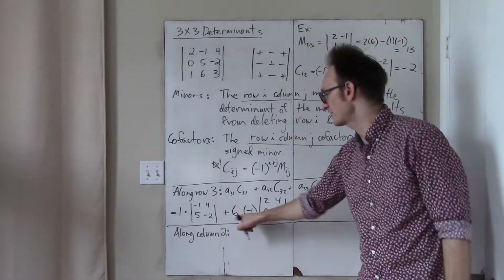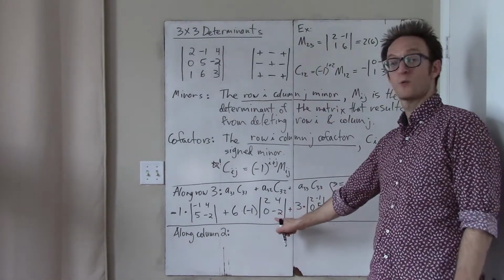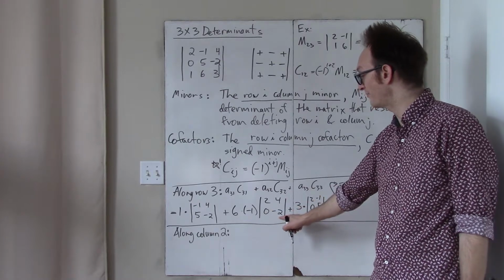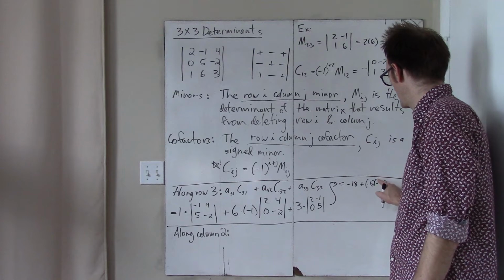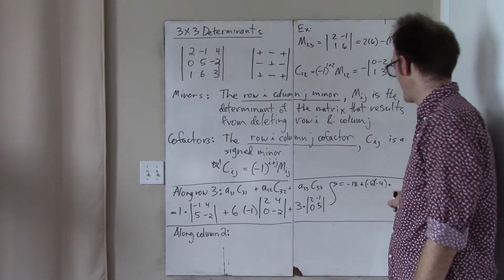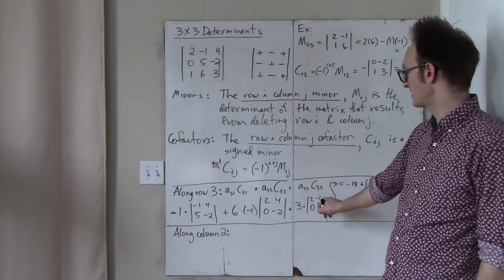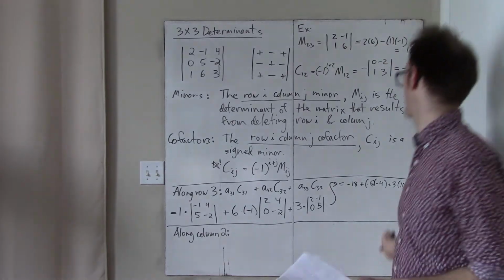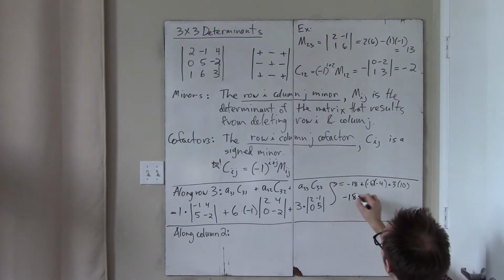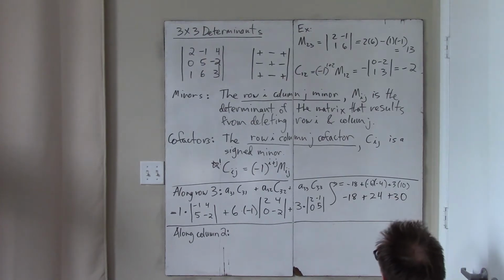Plus, here I have 6 times -1, so that's -6 times, and when I do this determinant, that's -4 minus 0, so it's just -4, and finally, I have 3 times, this determinant is going to be 10 minus 0, so that's 10. So if I did that right, then I get -18 plus 24 plus 30, and I think I did do that right, so I think I get 36.